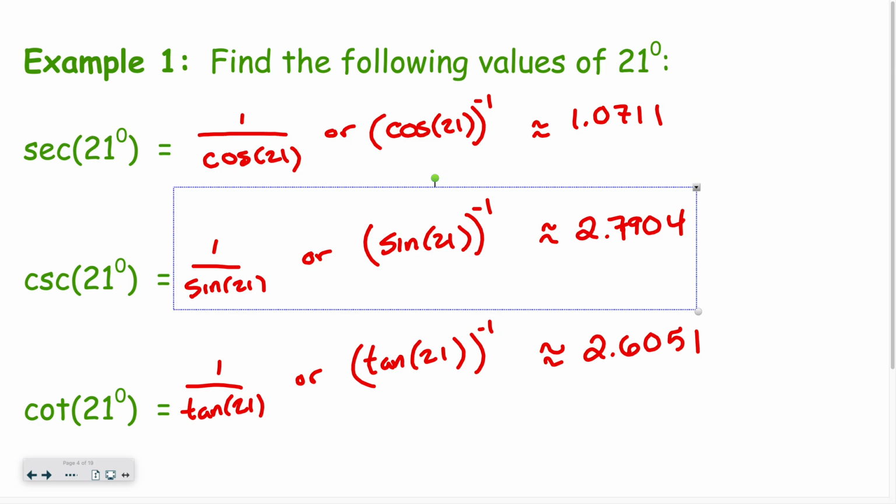The other thing is your calculator has three modes set for angles when it works with the trig functions: degrees, radians, and gradients. We're going to work mostly with degrees and radians. So if the calculator mode is set to radians, it's going to work in radians as opposed to degrees, which are different units of measure.